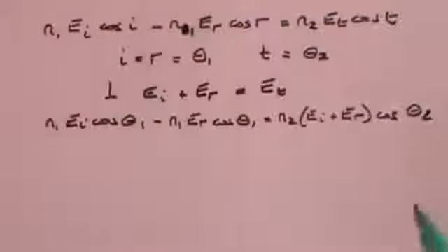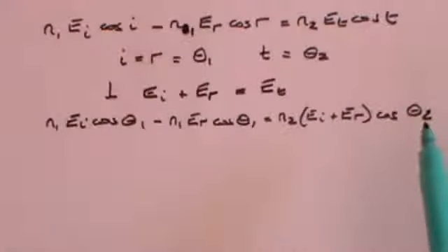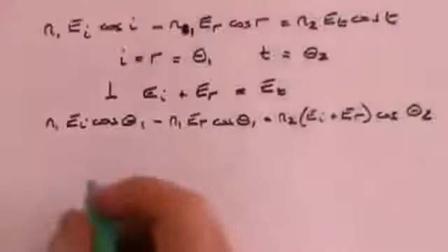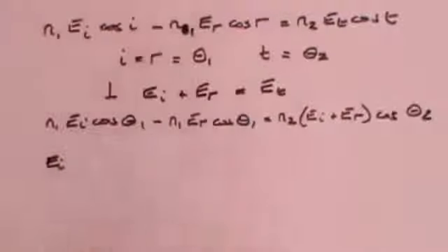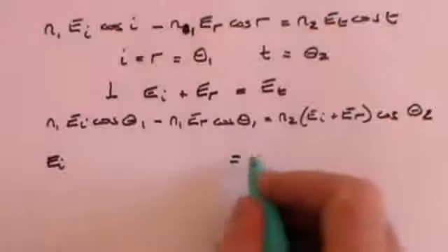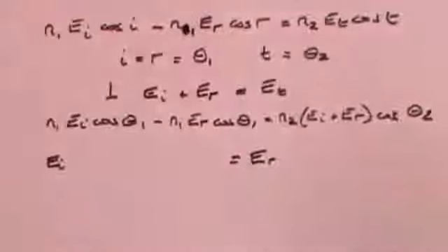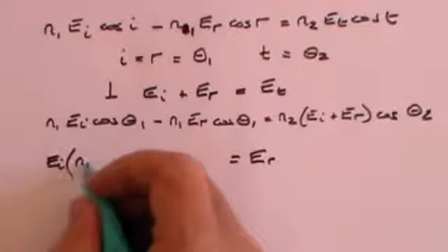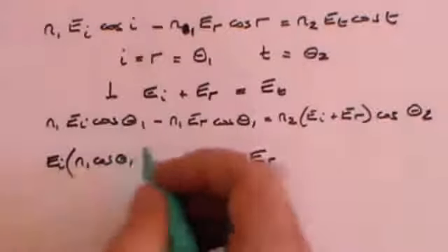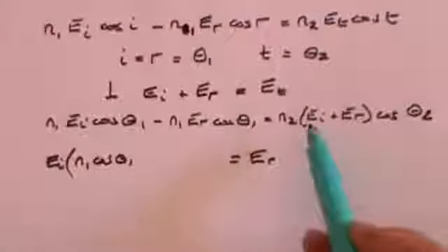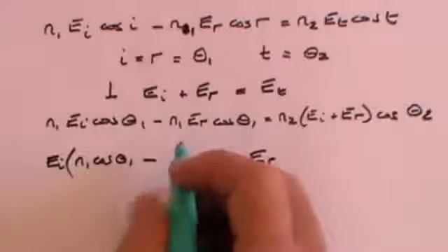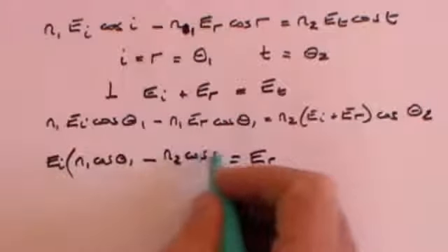And I've just slightly adjusted the camera so that cosine theta 2 comes on. Now here's the trick. What we want to do is to rearrange this equation so that we get all the E_I terms on this side of the equation and all the E_R terms on that side. So let's do it. Here's an E_I term, that's n1 cos theta 1. And here's another E_I term, that's n2 cos theta 2, but when you bring it to the other side, that will become a minus n2 cosine theta 2.